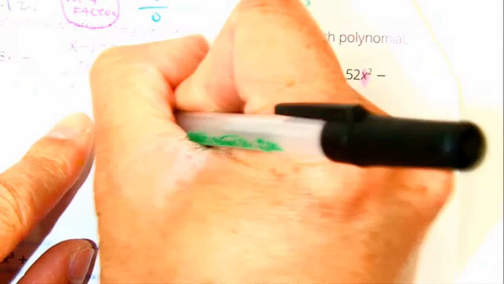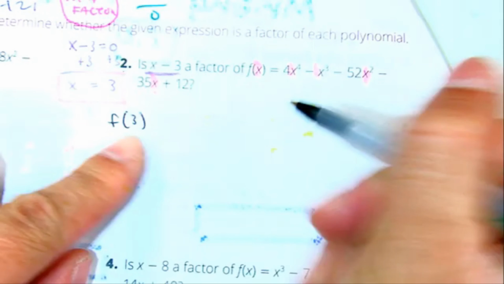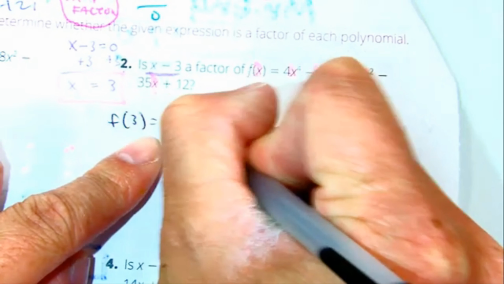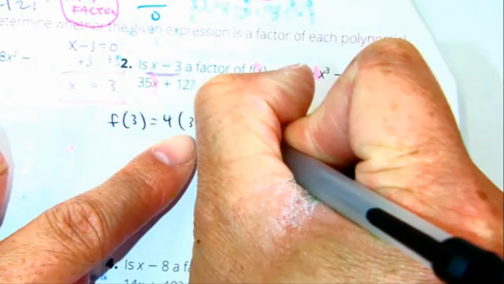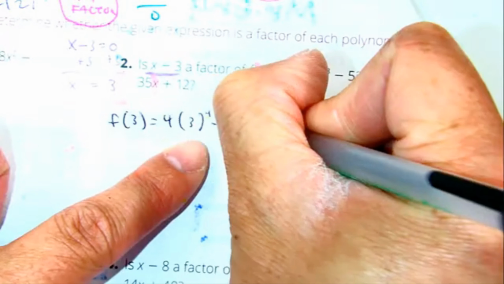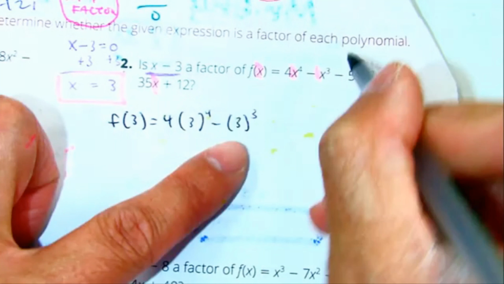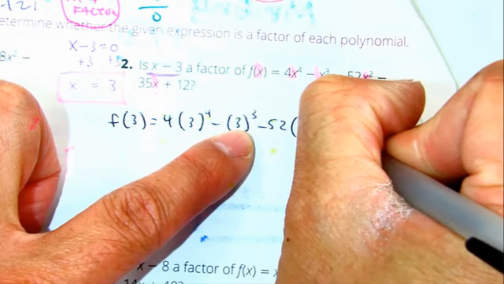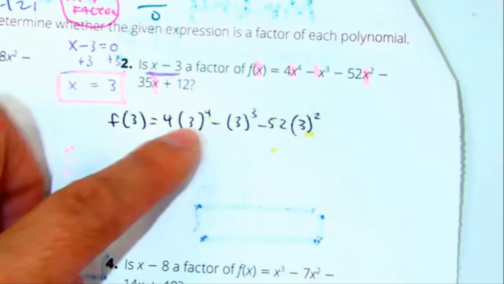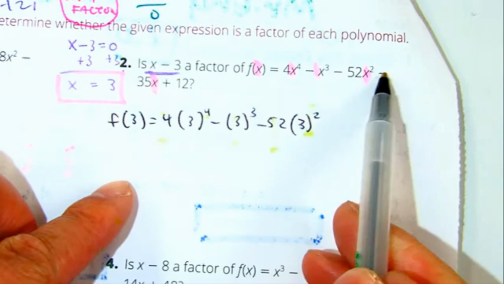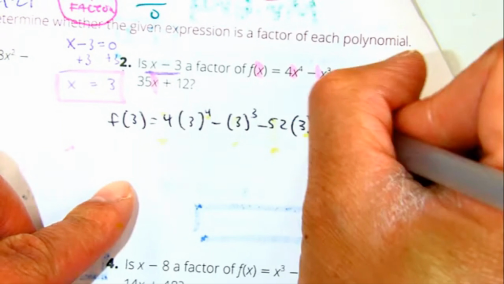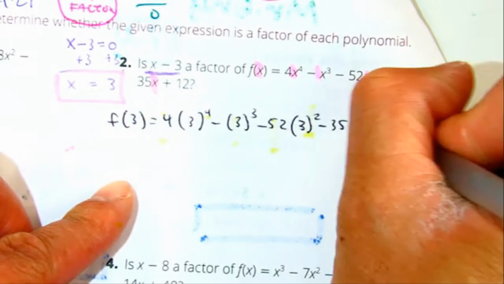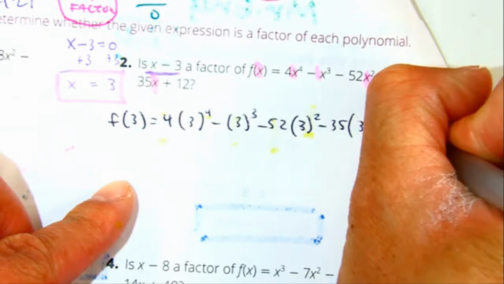So f of 3 equals 4 times 3 to the 4th power minus 3 to the 3rd power minus 52 times 3 squared. And this page kind of ran out of space, so it's minus 35 times 3 plus 12.